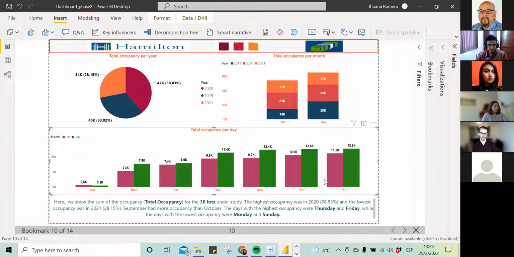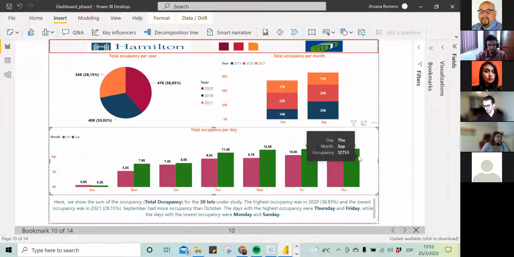For example, Friday and Tuesday were the days with the highest occupancy in all 30 parking lots under this study, and Sunday and Monday were the days with the lowest occupancy.